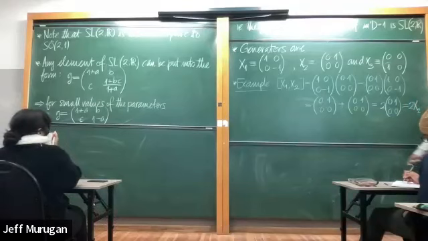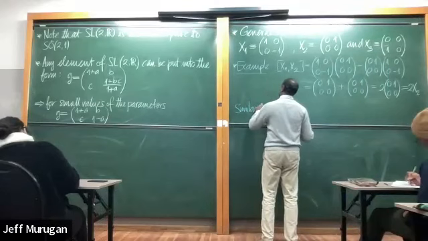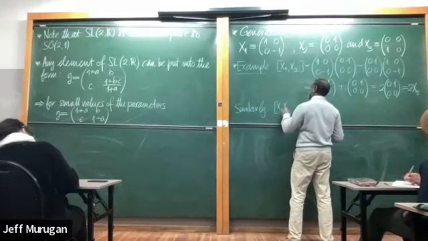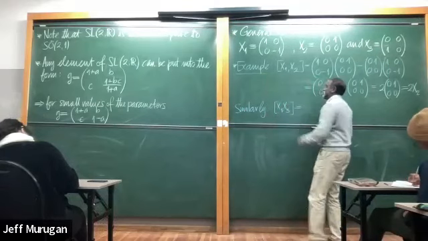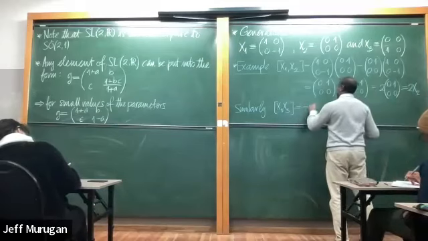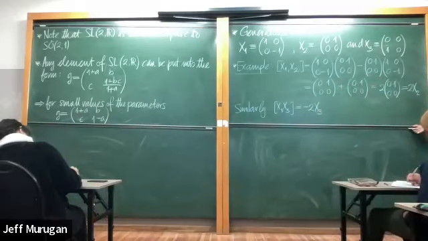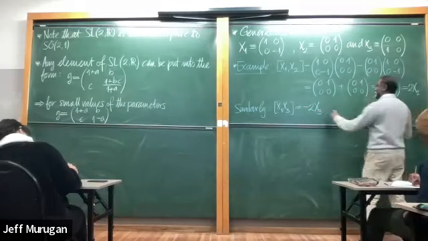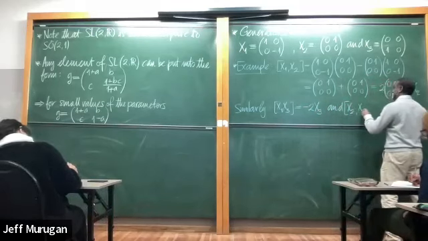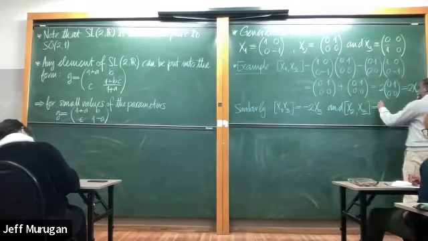Similarly, X1 commutator X3 is minus 2 times X3 itself. And X2 commutator X3 is just X1.